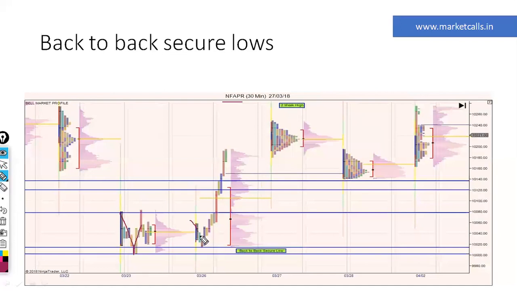The second day also it went down and came back. That is why we say this is a back-to-back secure low. It acts like a potential market low. Right? So till today, this is a back-to-back secure low, and so far it is still not breached.